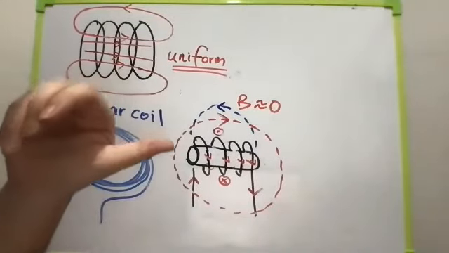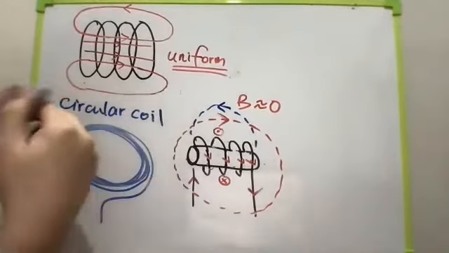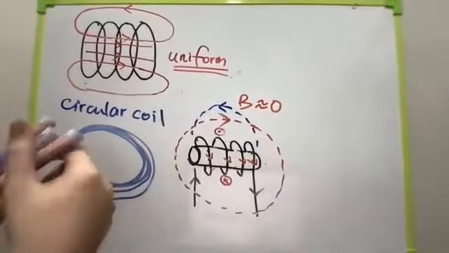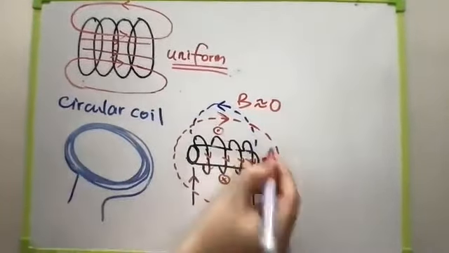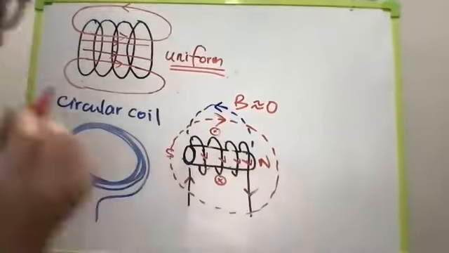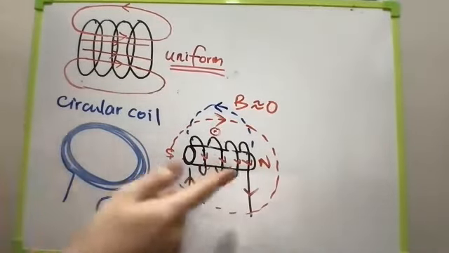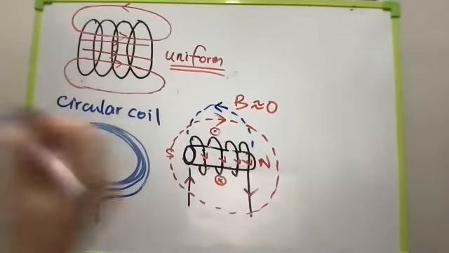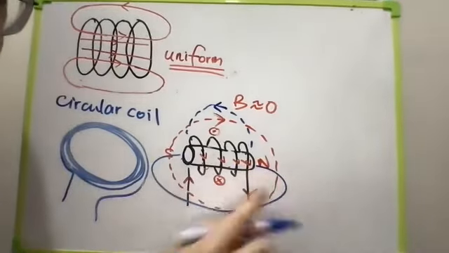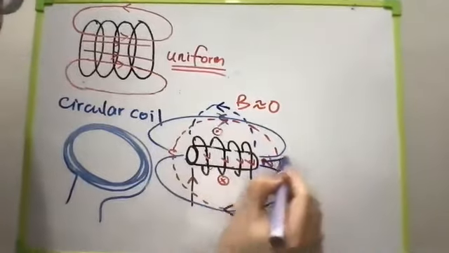Remember, your north pole is the same as your thumb direction; your thumb always points to the north pole. So if you follow the current direction and curve like this, my north pole is on my right. This is my north pole, so this is my south pole. Now that I know my north pole and south pole, I can draw my magnetic field like this, because it's always north to south, right? North to south, north to south, and comes out here like this.